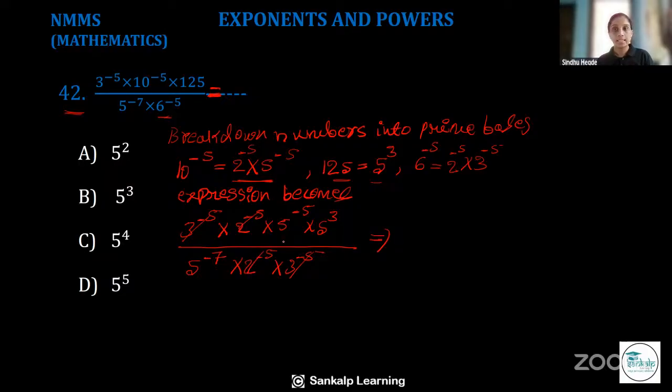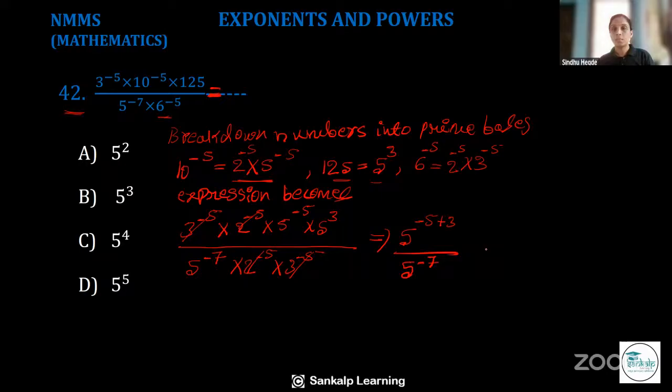Both contain the same base, so write the common base as 5. Then add their exponents, minus 5 plus 3, divided by the denominator, where only 5 raised to minus 7 remains.